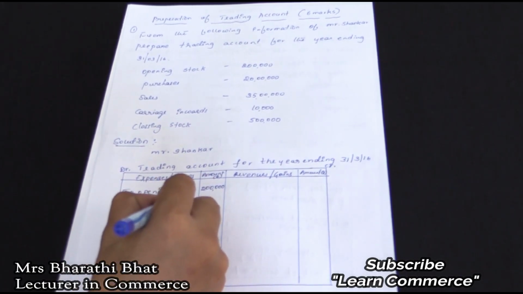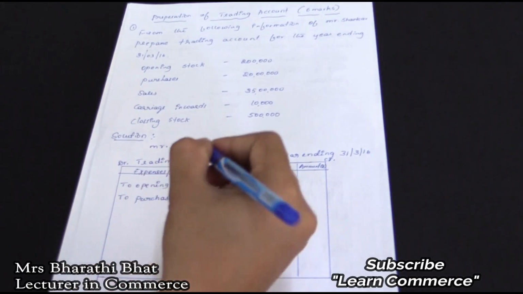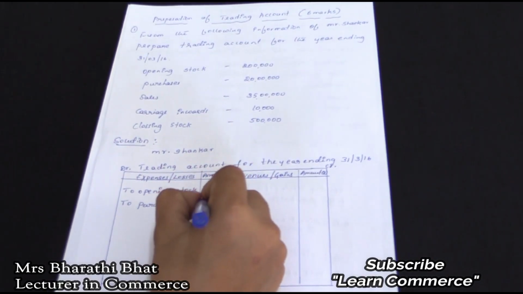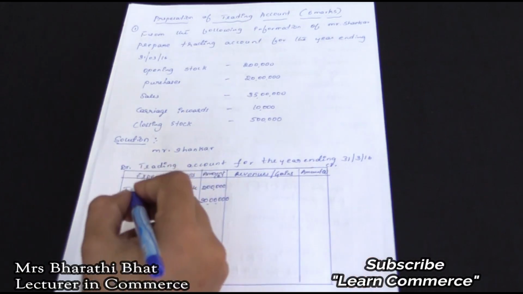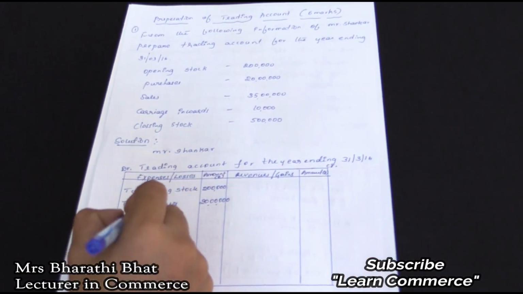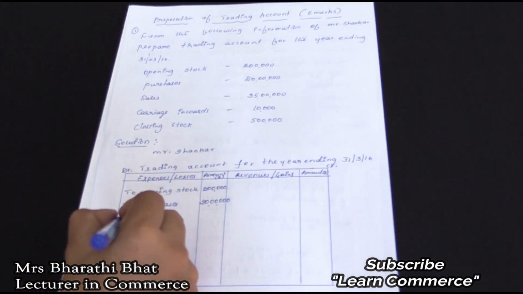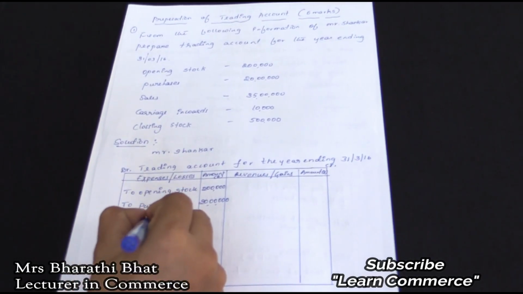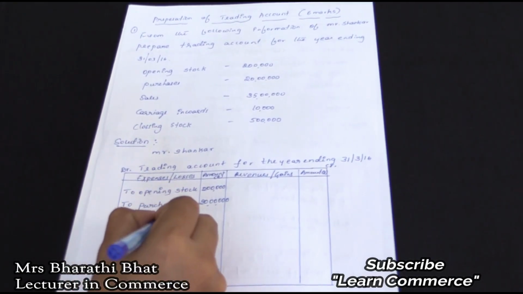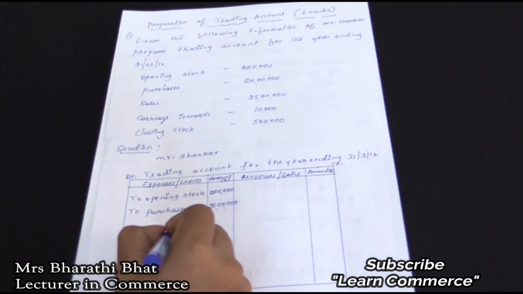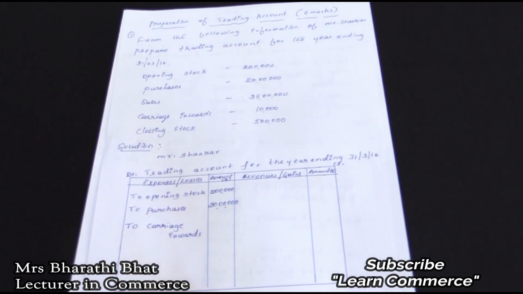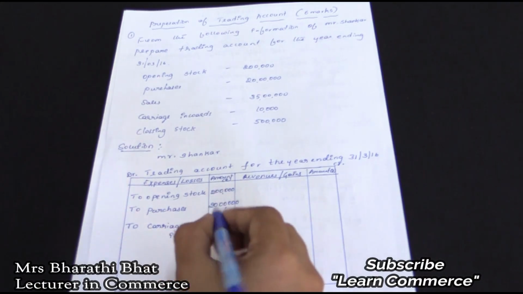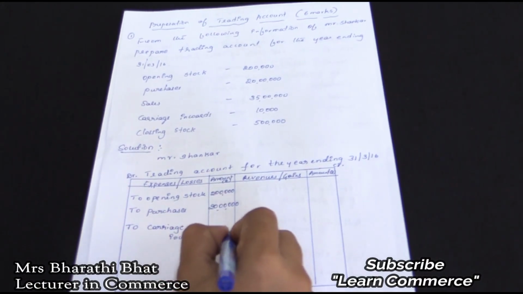To purchases 20 lakh. Then carriage inwards. To carriage inwards, what is the amount? 10,000.